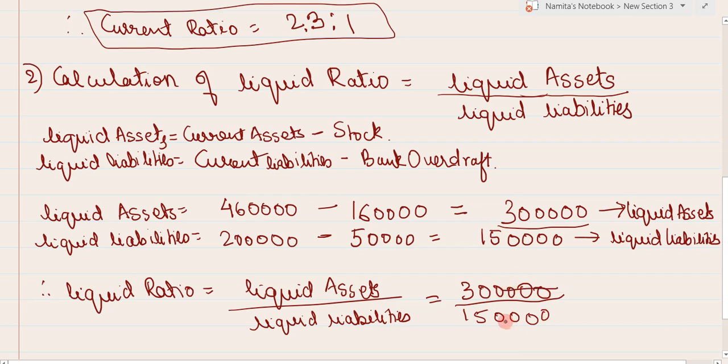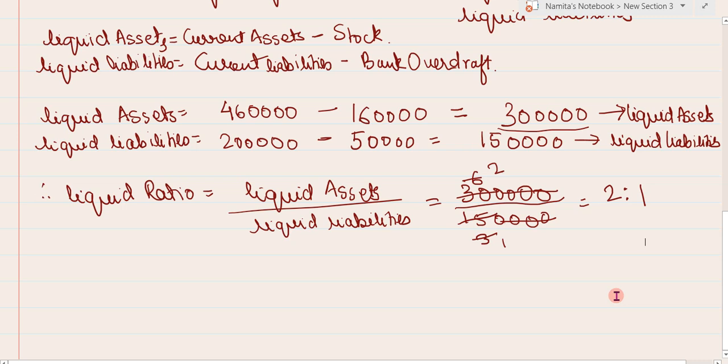So this zero gets cancelled. 5 3s are 15, 5 6s are 30. So 3 1s are 3, 3 2s are 6. So 2:1 is the ratio. Therefore liquid ratio is equal to 2:1.